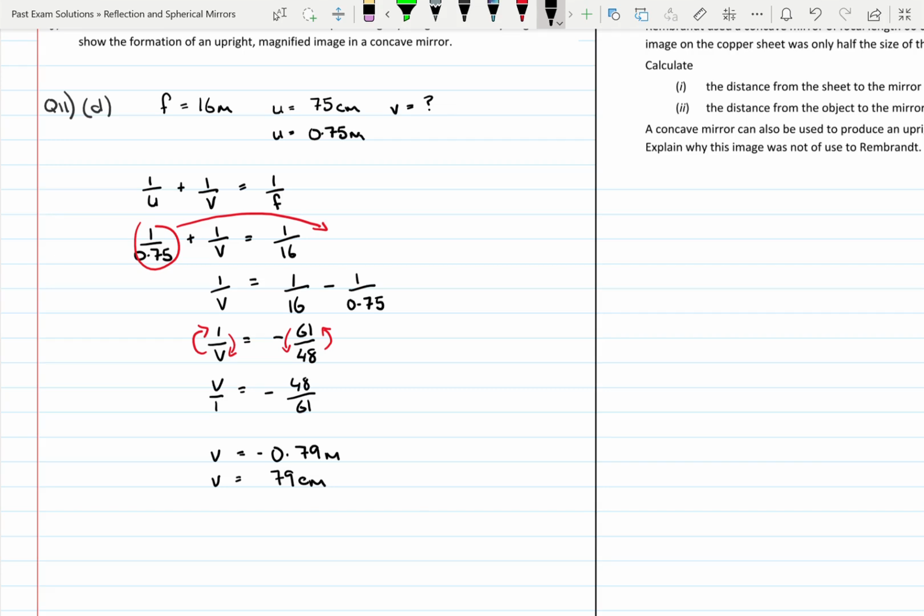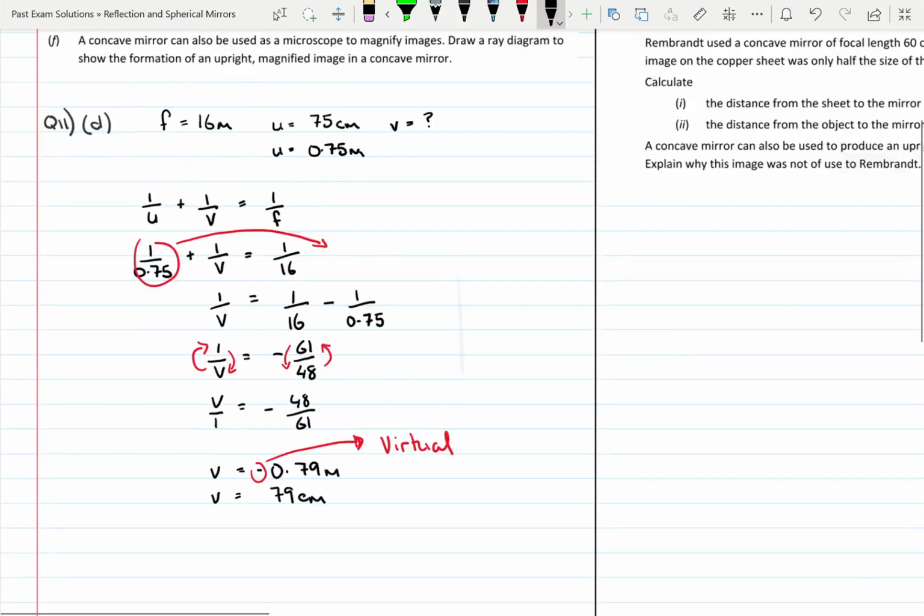Now, it's important not to forget about that minus. What does that minus indicate? Well, that minus indicates that this is a virtual image and that the image is formed behind the mirror. So that minus indicates that this is a virtual image. It cannot be projected onto a screen.